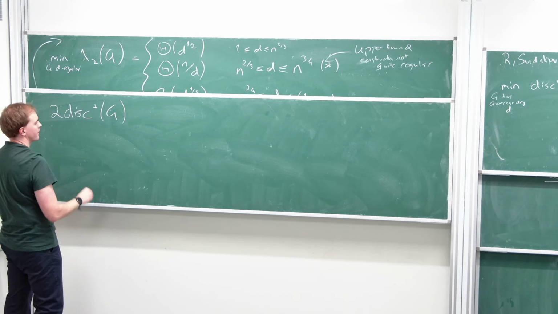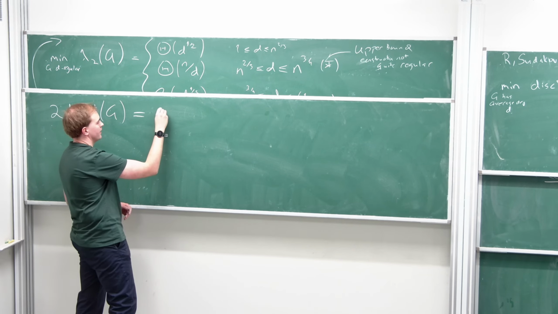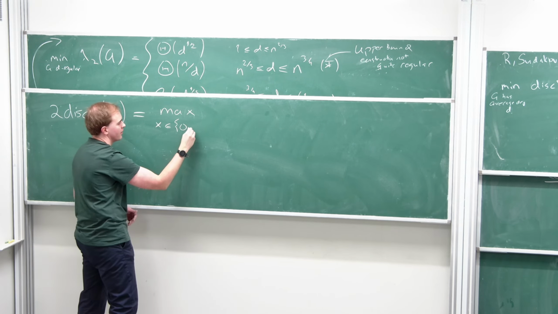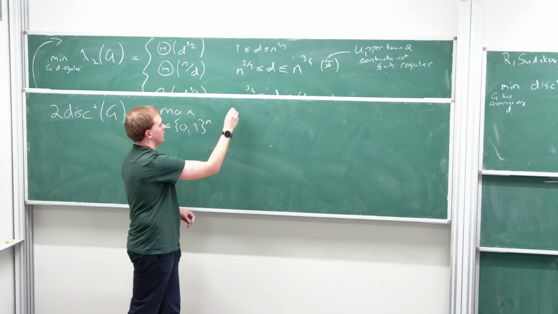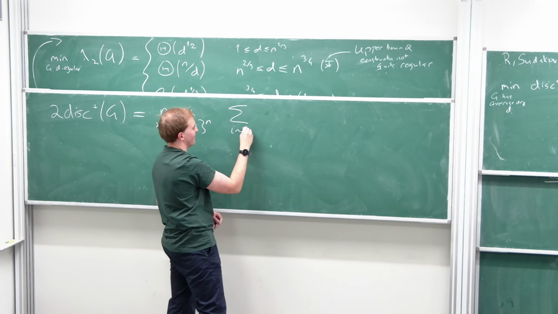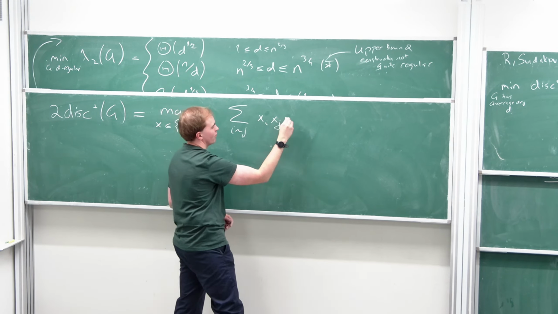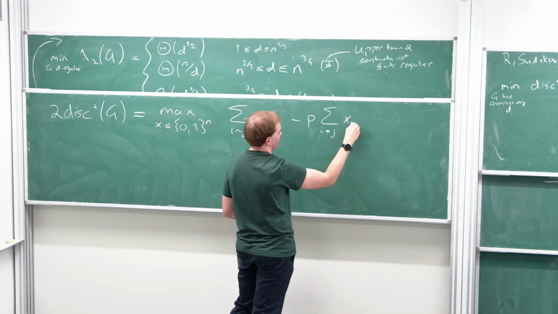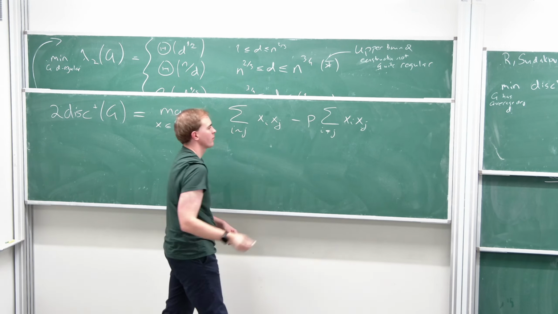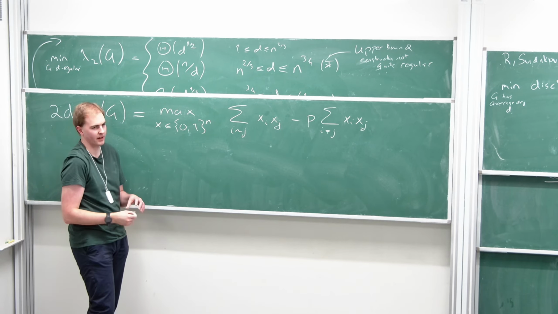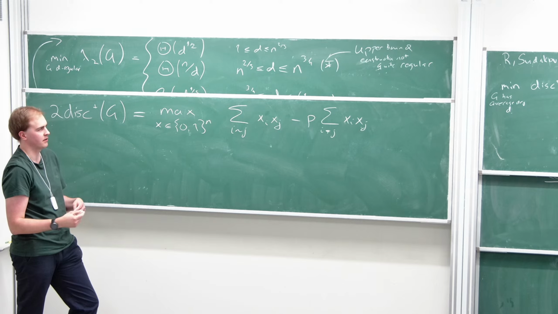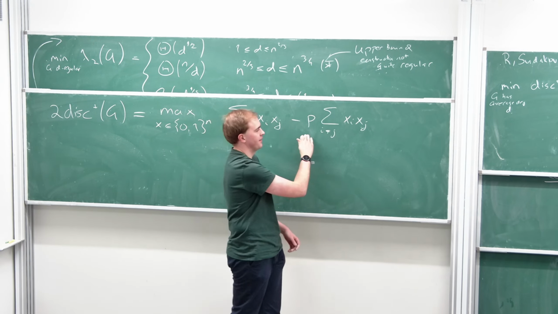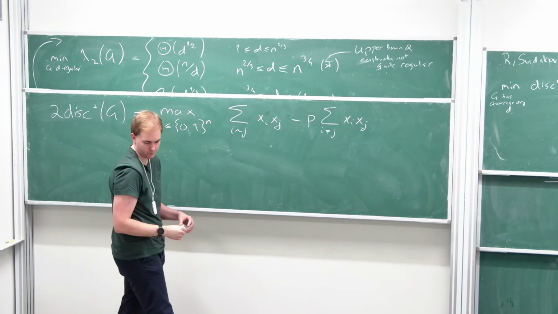So the first observation is that the positive discrepancy, written as an optimization problem, is given as follows. We pick a 0-1 vector, which is the characteristic vector of our set U, and this is exactly the number of edges, and this is the expectation term.